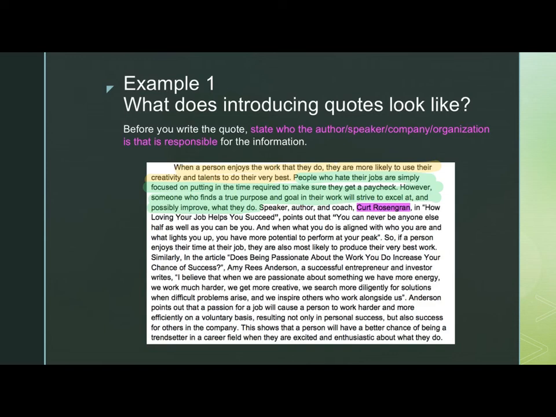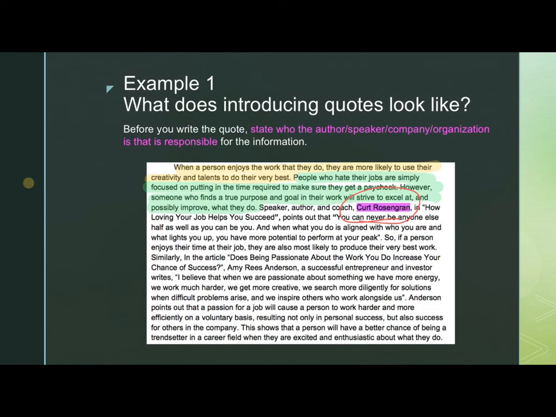So if you remember, the first thing it said in introducing quotes is that you want to make sure to use the author's name. So we can see here the phrase speaker, author, and coach Kurt Rosengren. So Kurt Rosengren is the name of the person for that first source.